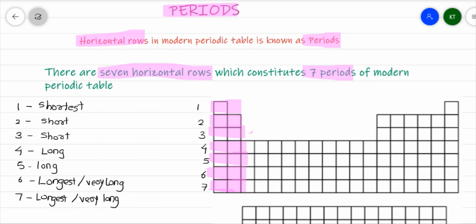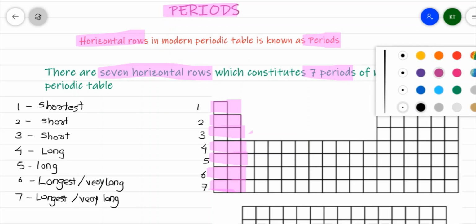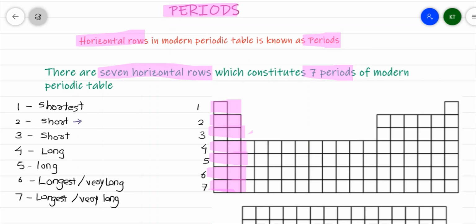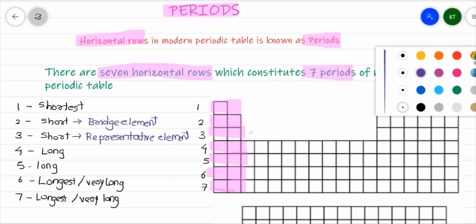Apart from that, we generally consider the second period elements as bridge elements, and the elements present in the third period, we call representative elements. The elements present in the third period are called representative elements because every element present in this period represents its own group in terms of property.